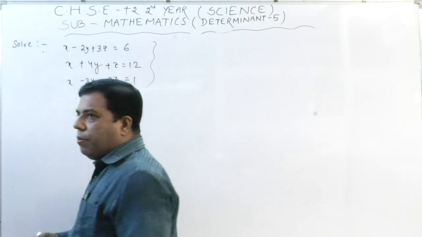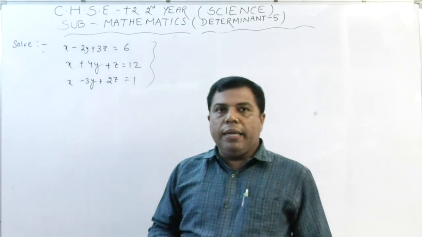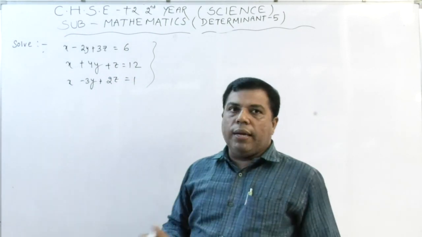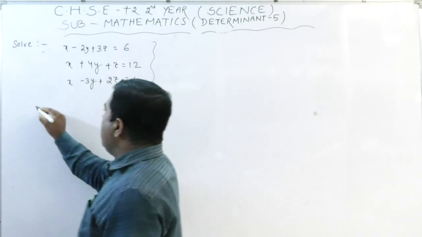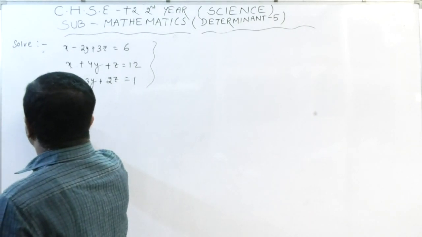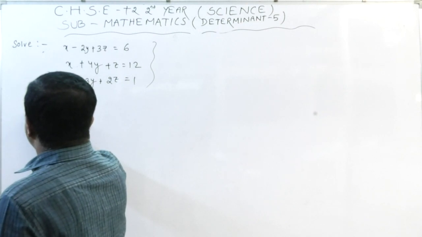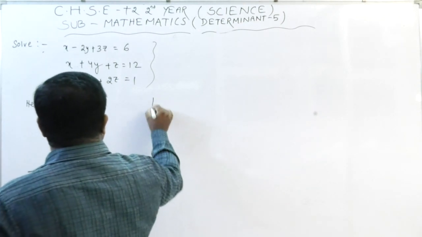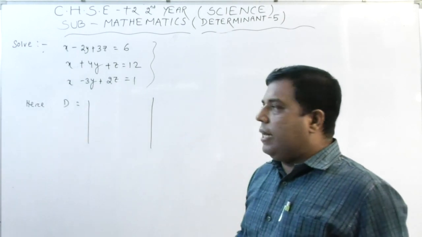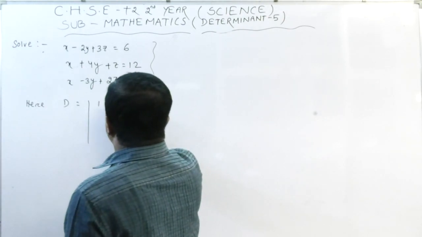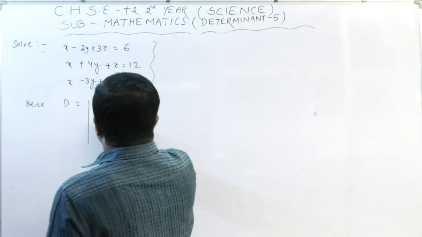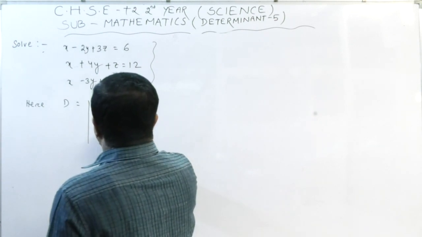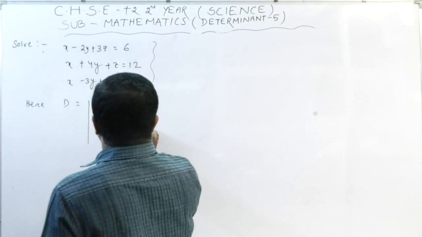If we go for the determinant procedure, you can easily find the values of x and y and z as per Cramer's rule. So here we have to find D equal to the determinant containing the coefficients of x, y, z, that is 1, minus 2, 3, 1, 4, 1, 1, minus 3 and 2.